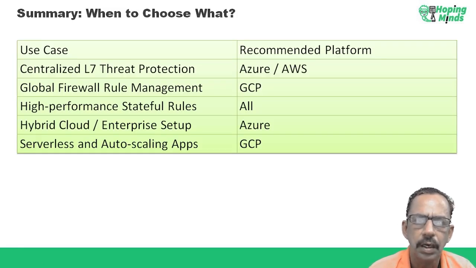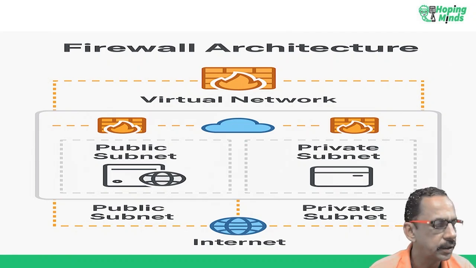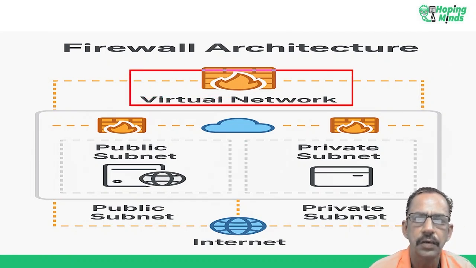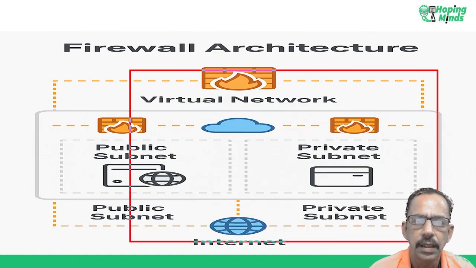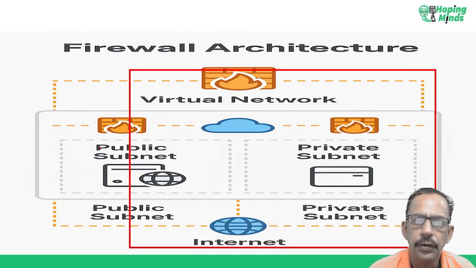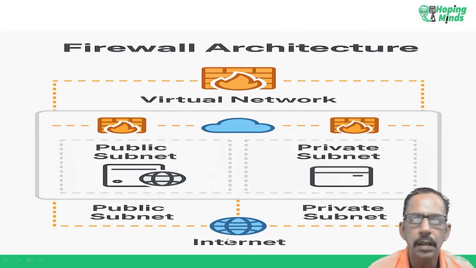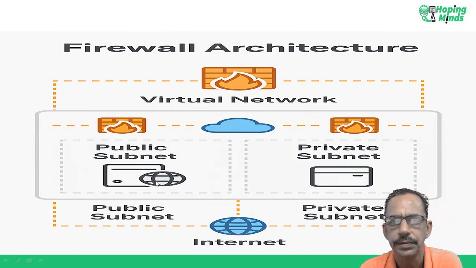So it is a summary, already discussed, no need to repeat again and again. This is the architecture. Here is the network firewall, virtual network, entire VPC. Inside that, we use the public subnet, private subnet, and then connect to the internet. Subnetting in the case of VPC is a must.